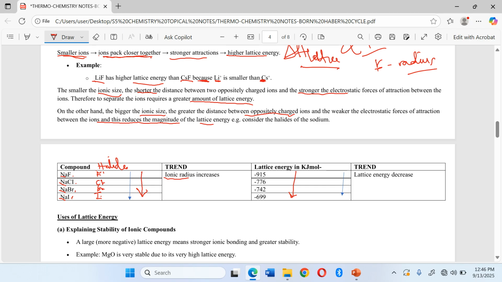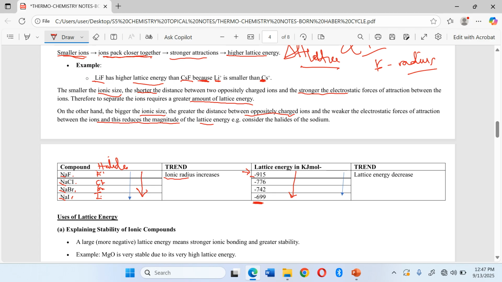So since this one has a smaller ionic radius, it has a bigger lattice energy. While this one, sodium iodide, has a bigger ionic radius, so you can see that its lattice energy becomes small. So the lattice energy decreases down the group.